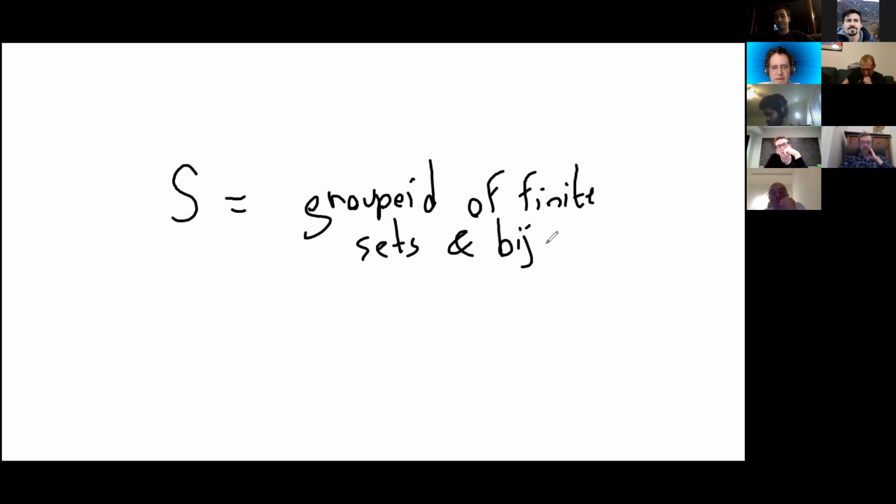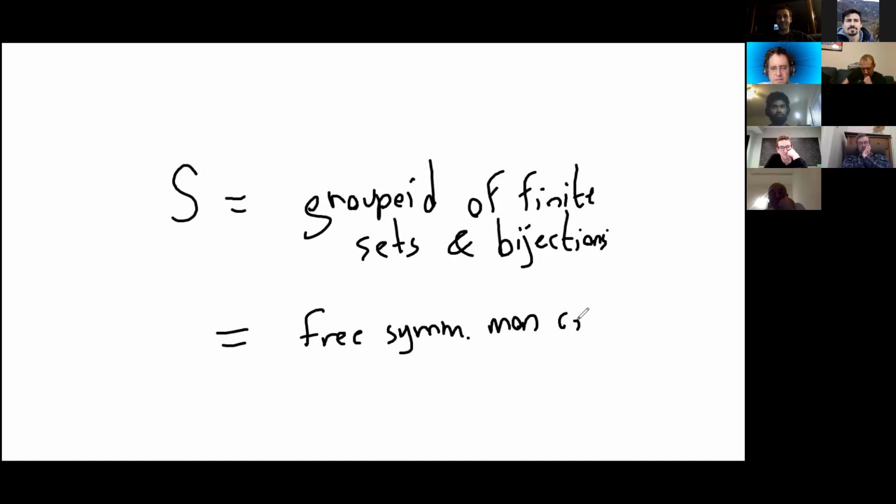And this has all the symmetric groups sitting inside it. But the reason why it's interesting to me, the reason why it shows up here, is that this is the free symmetric monoidal category on one object. So the idea is you take this object, bloop, and then you start tensoring it with itself, bloop, bloop, bloop.